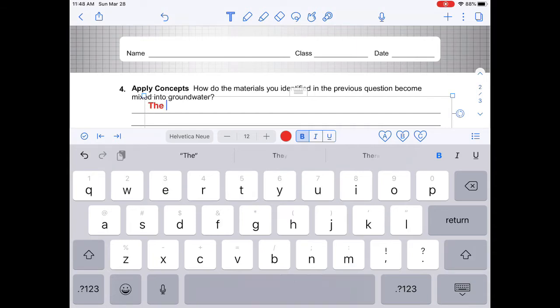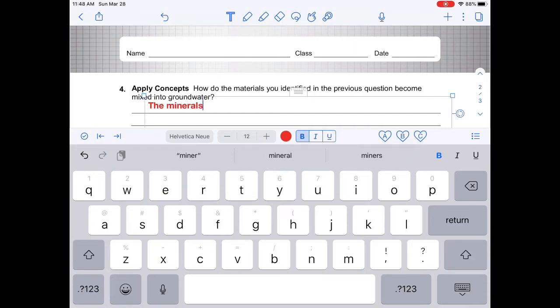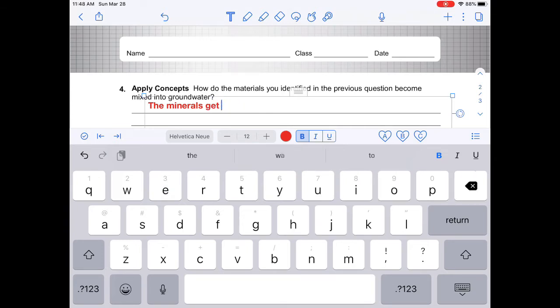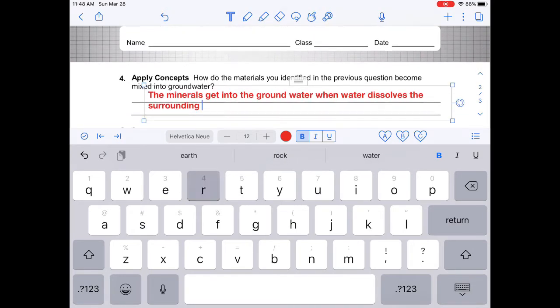So you can say the minerals get into the groundwater when water dissolves the surrounding rocks.